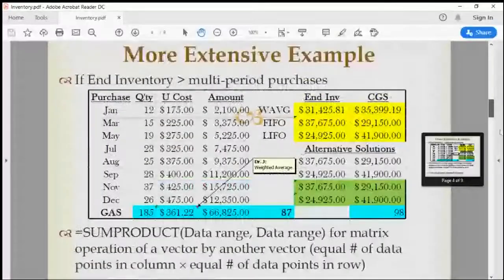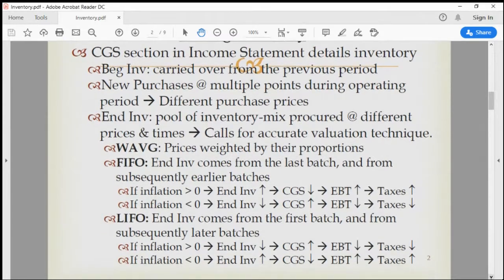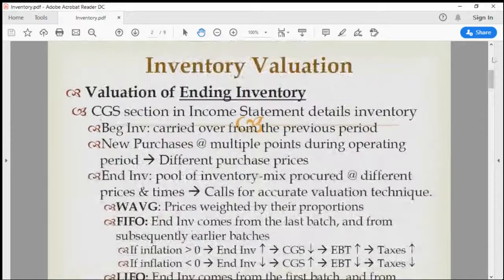And in this, this is the example we just did. These are the examples. Now, let me explain what makes the difference between FIFO and LIFO. So think about it.